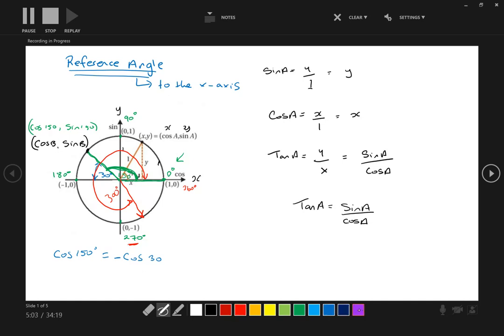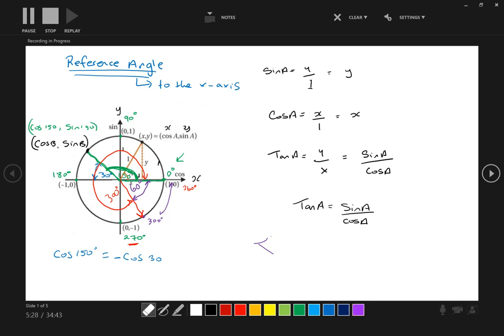But what I'm interested in isn't the 300 degrees, it's actually the reference angle here, and the reference angle is always to the horizontal. So if it's 300 degrees to here, from there to there I must have 60 degrees. So I'm always looking for the reference angle.